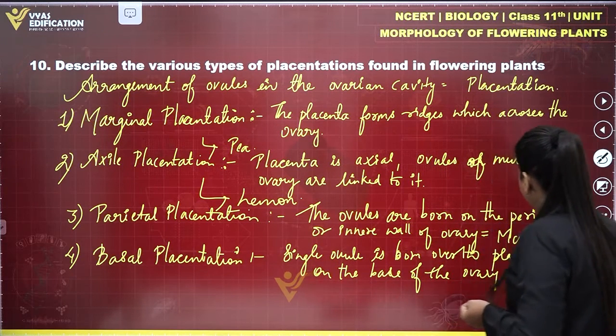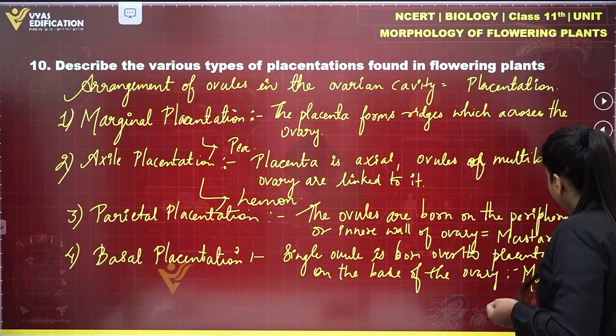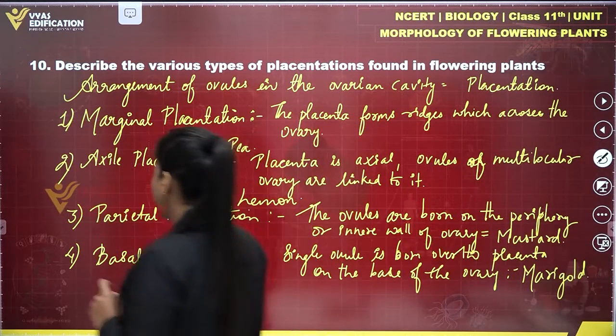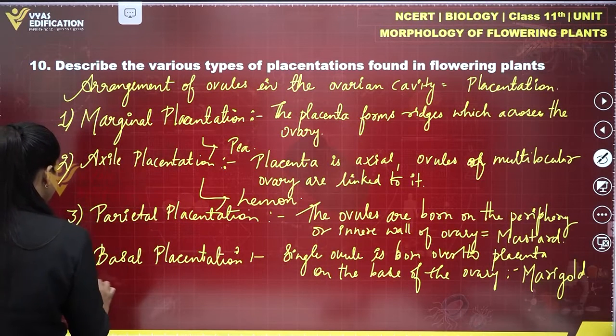And for this we have an example as marigold. Then the last type of placentation we have is free central placentation.